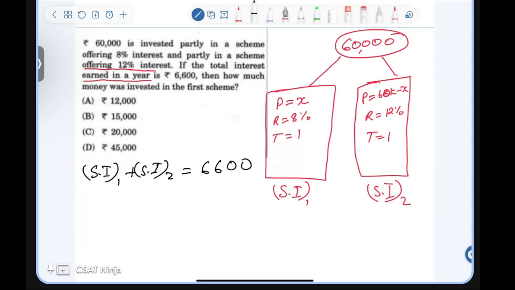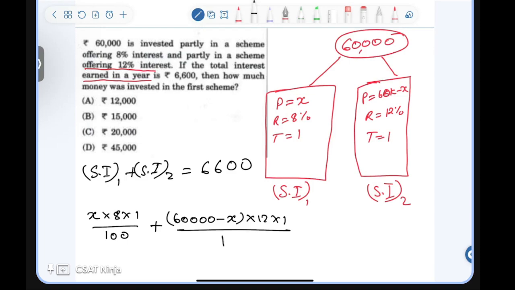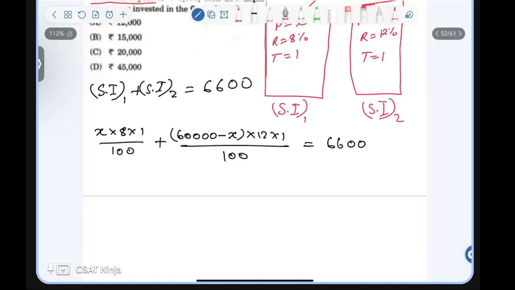Okay, so I'll just use simple interest here. Principal is X into rate 8 into time 1 divided by 100, plus principal 60,000 minus X into 12 into 1 divided by 100, equal to 6,600. That's the value there. So let's simplify this.